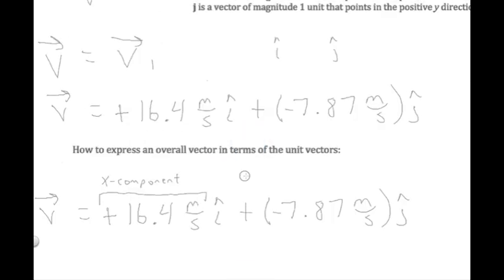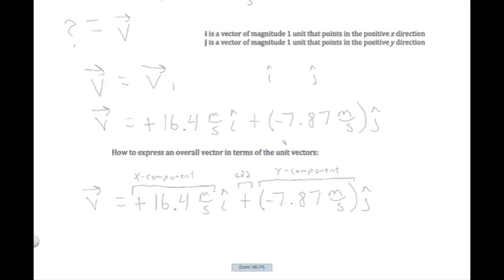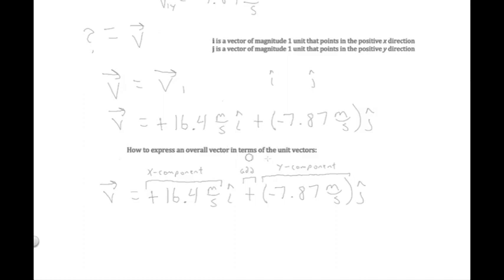Then to that we add the y component. Here's the number that we had gotten for the y component. And since this is the y component, it should make sense to you that we're multiplying that by j hat, because that's the unit vector that's associated with the y direction. And that's all there is to it. That's how you express an overall vector in terms of the unit vectors. X component times i hat plus y component times j hat.